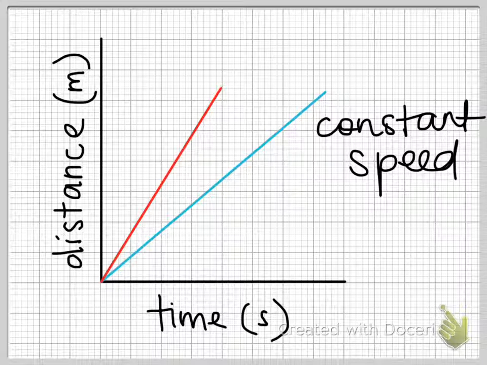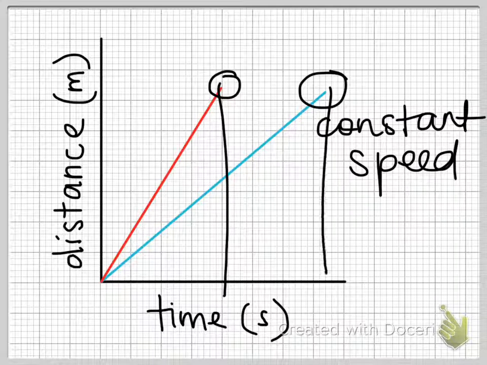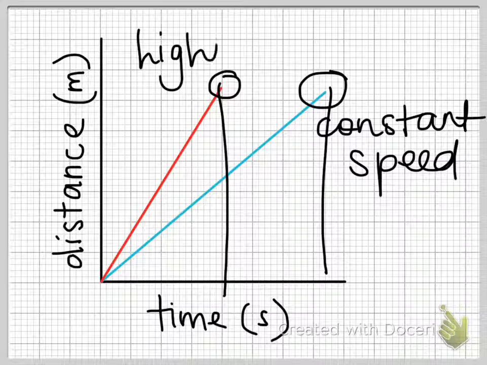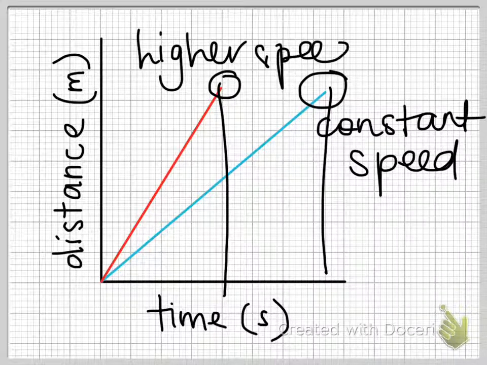So, as you can see, they both arrive at pretty much the same point, the same distance, but the red line, or the object represented by the red line, reaches that distance in a smaller time than the object that is represented by the blue line. This is just showing higher speed. It's still constant speed, but just at a higher speed.